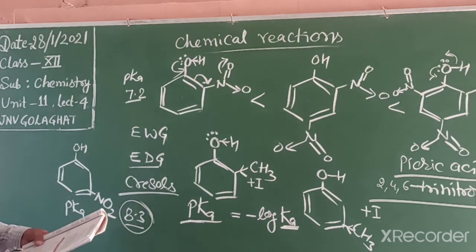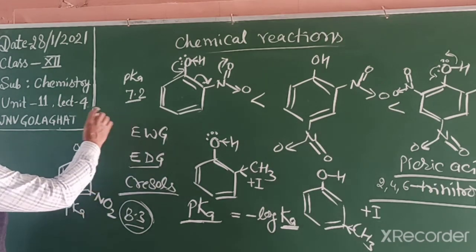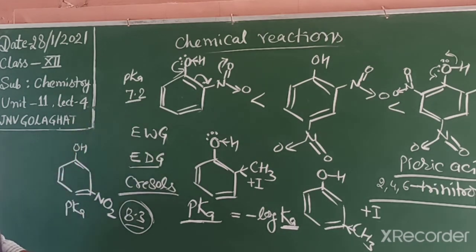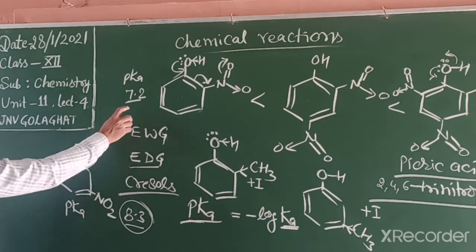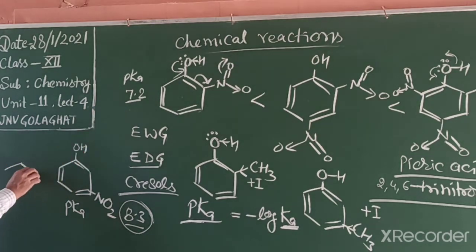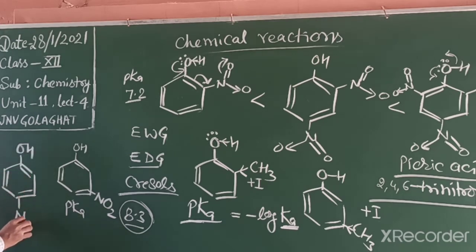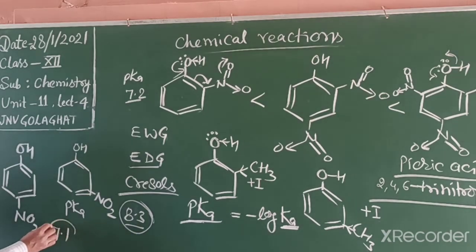Similarly for para nitrophenol, its pKa value is given as 7.1. It means this is lower. Para nitrophenol, why is the effect stronger?